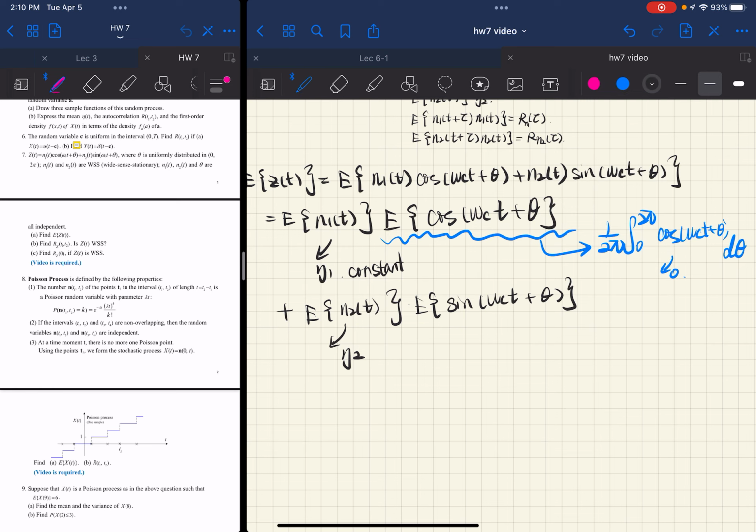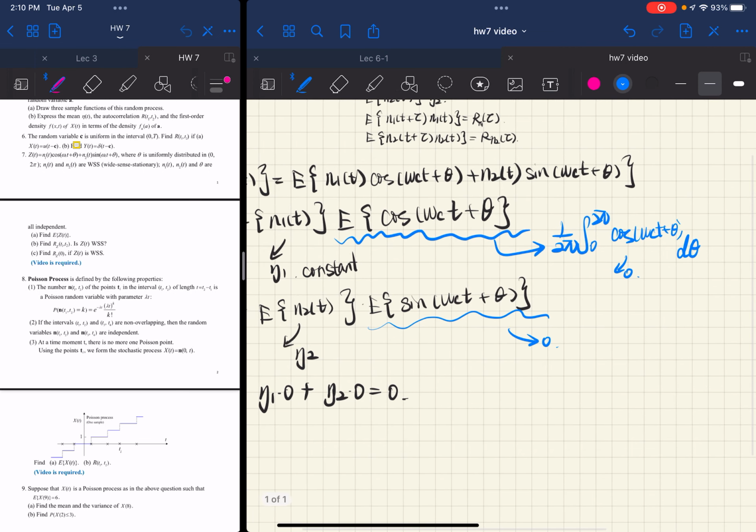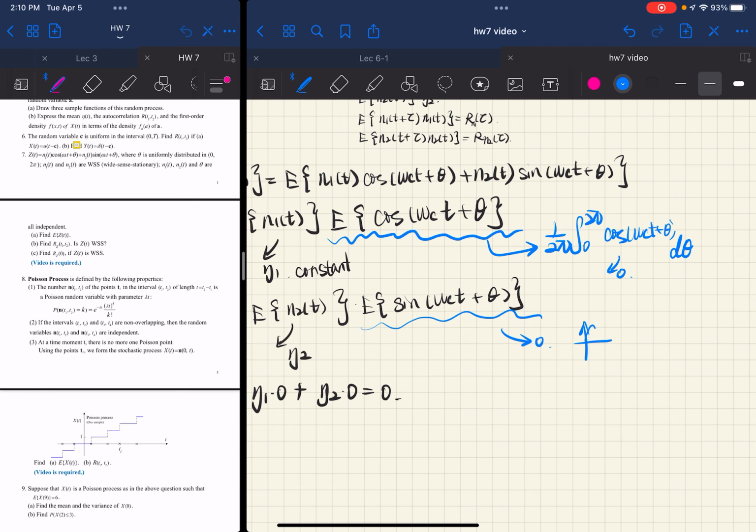So our result is equal to 0, because both of these terms are 0 due to the periodic property.